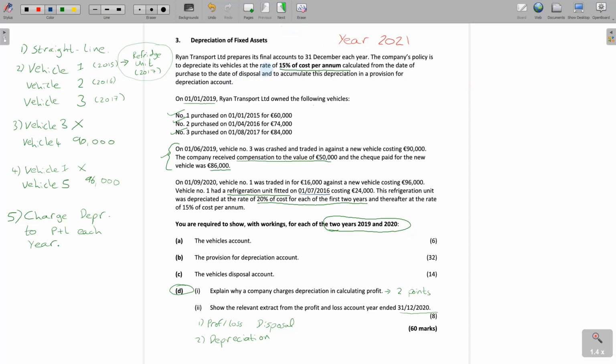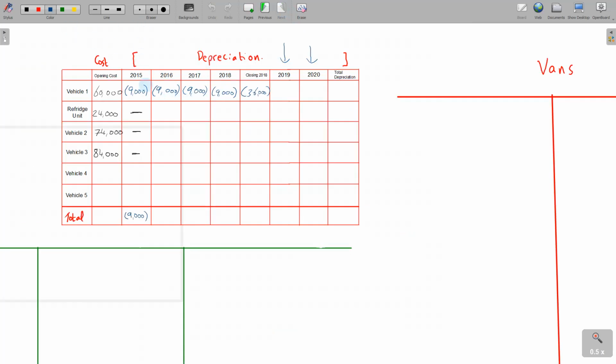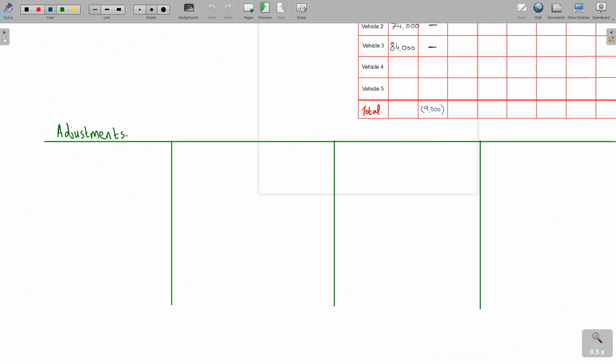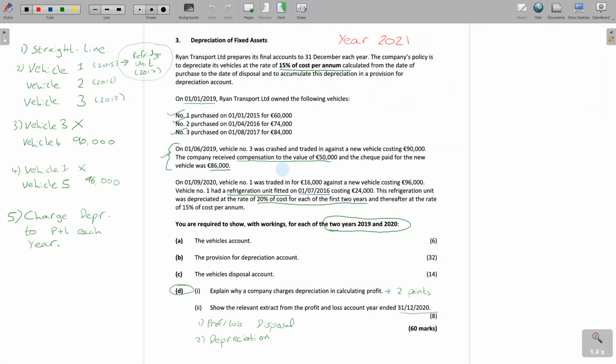So we can just go down here to our adjustments, and we have the refrigeration unit, 01, 07, 2016. And we have 20% for the first 2 years and then 15%.